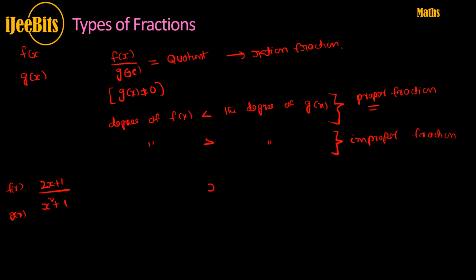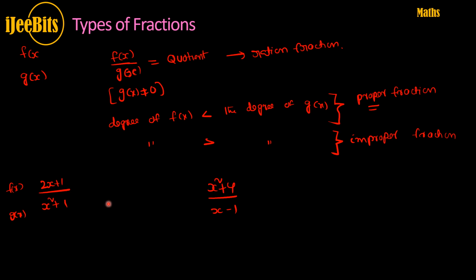The other way around, x square plus 4 by x minus 1. Now the degree of f of x is greater than the degree of g of x in the numerator and denominator. This is basically an improper fraction. This one is improper, the other is a proper fraction.